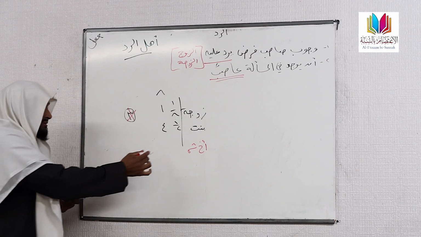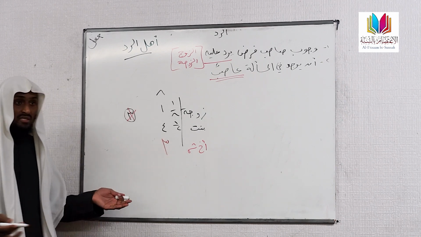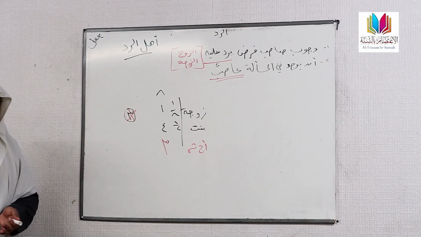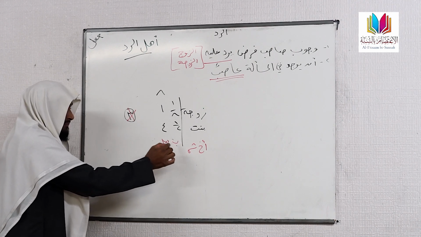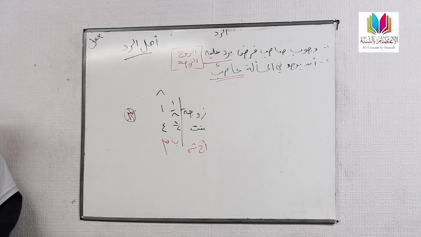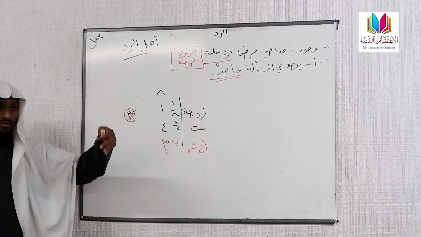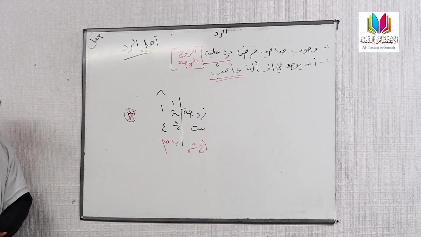Because khalas, he's going to take the 3. Why? Because he's an asaba. Here for him we put baqi. That baqi could be a lot and it could be nothing. There's times where he's not going to get anything, right?